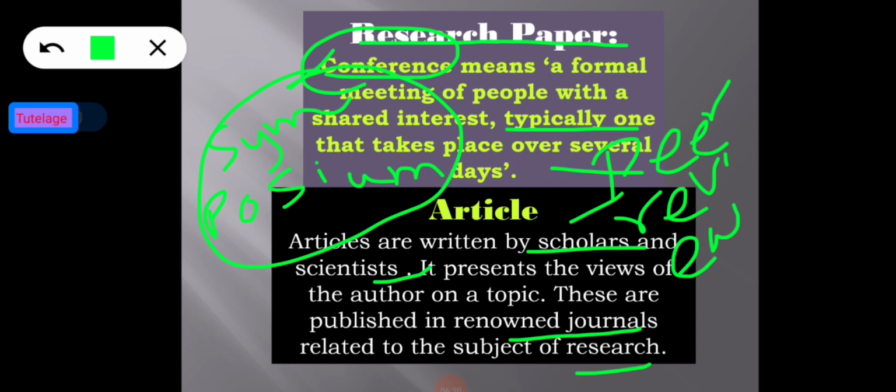An article can be a research article or a review article. So, an article is of two types, research article and review article, and an article is also known as an academic paper. This is not the term paper. That is the basic difference: a term paper is usually written by students, but articles are written by scholars and scientists.